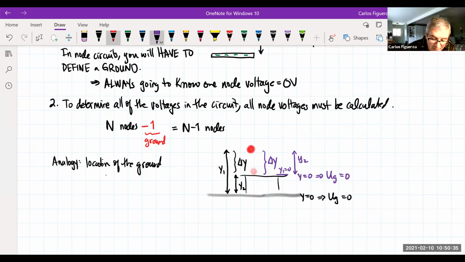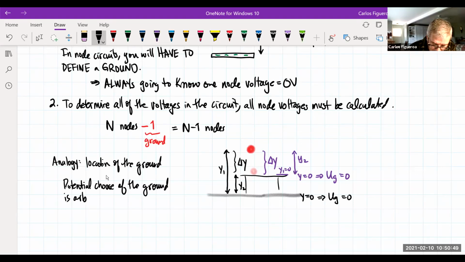In other words, the choice of the ground is arbitrary. In an electric circuit, where you place the ground is arbitrary, just like placing the ground for the ball that's falling.